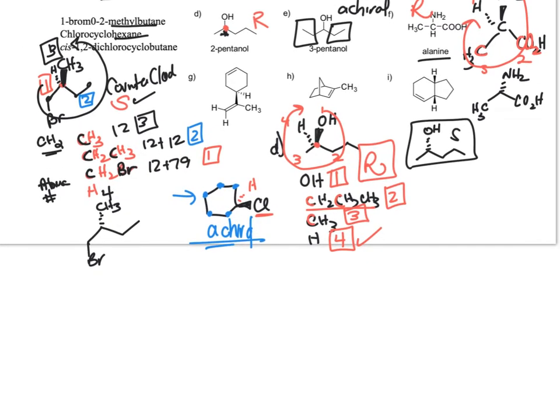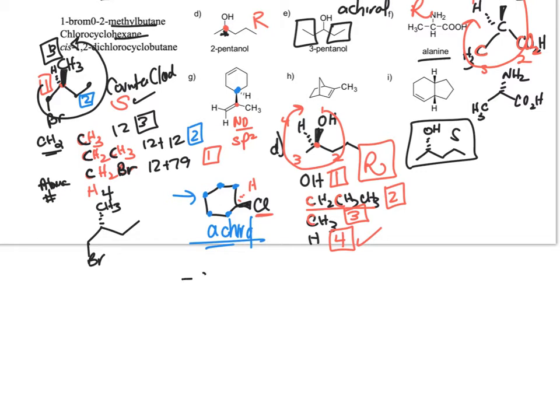Okay, let's look at G. So let's look for asymmetric carbon here. This carbon cannot be asymmetric. Do you see that's sp2? So the asymmetric carbon would be this one. So let's assign your numbers here. We'll write them out.